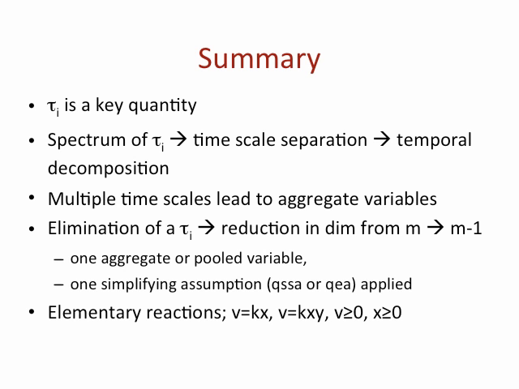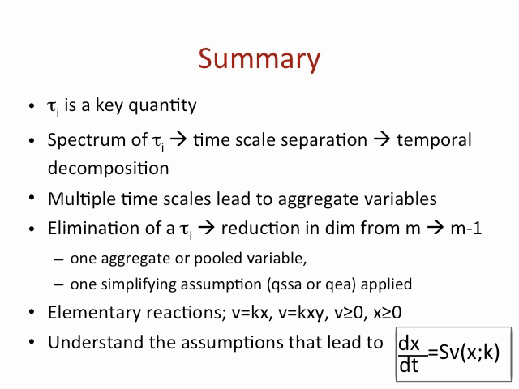Elementary reactions are described by elementary rate laws that are comprised of non-negative variables. And finally, it's very important for us to understand fully the assumptions that lead to the dynamic mass balance equation that we use for all of our network models.